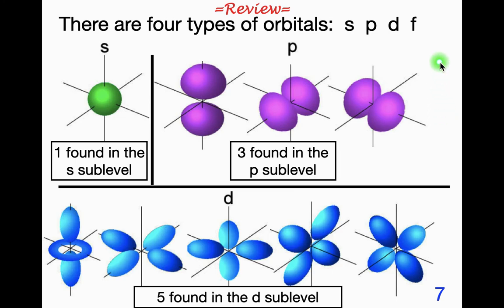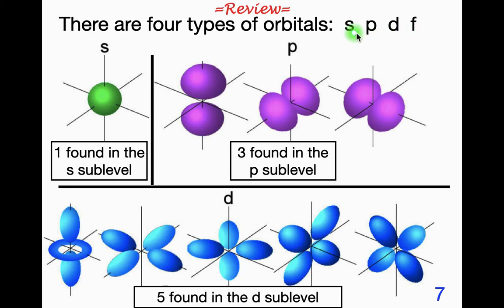There are 4 types of orbitals, S, P, D, and F. The letters come from descriptors of spectral lines. When you look at an emission spectra of an element, the emission lines, they're not sharp, straight, rigid lines. They kind of have different aspects to them. And the S, P, D, and F are from the descriptors of those spectral lines.